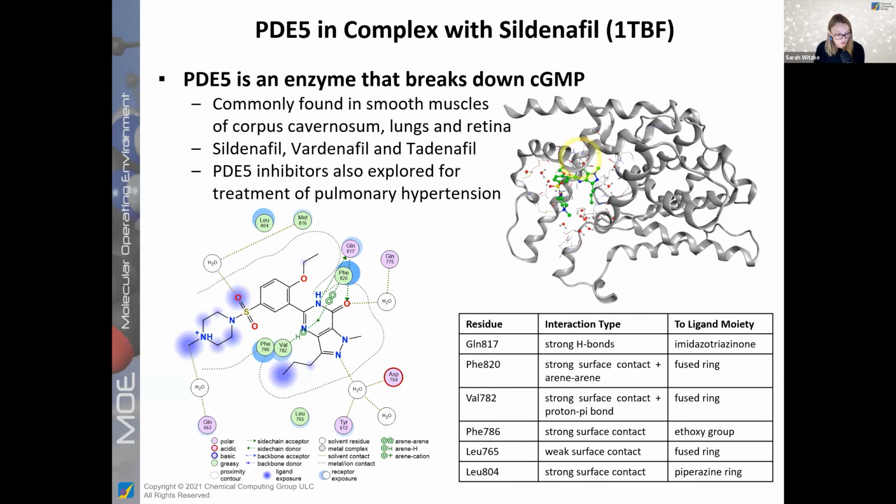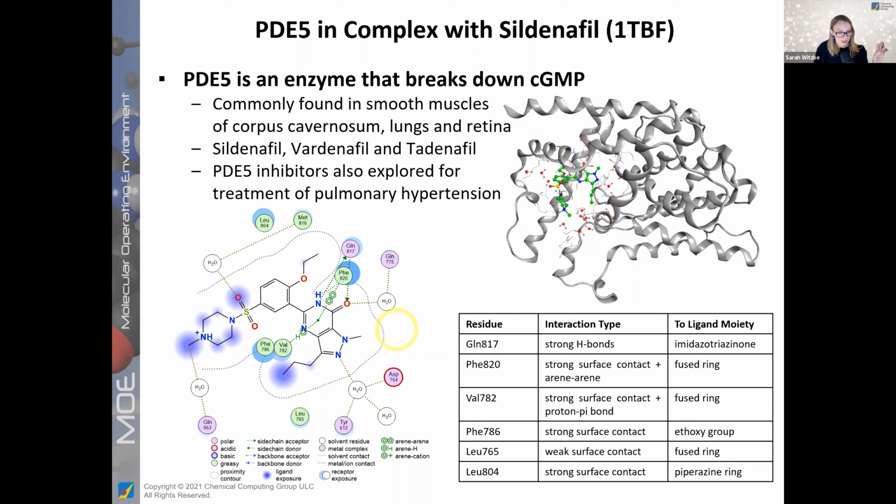I have found a publicly available crystal structure of the PDE5 in complex with sildenafil, and you see it here in the top right corner. We have the protein in gray, and we have sildenafil in its binding pocket in green in the middle. I've then chosen to zoom in on the binding pocket so we can have a look at how sildenafil interacts with the protein.